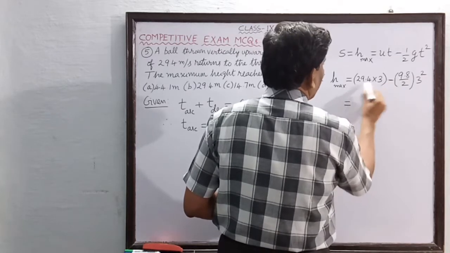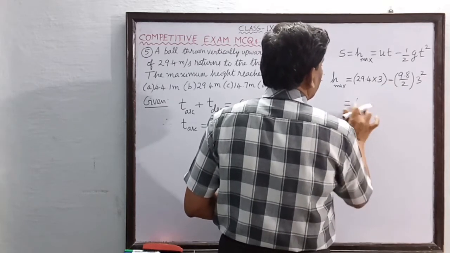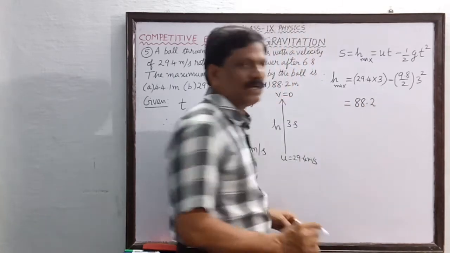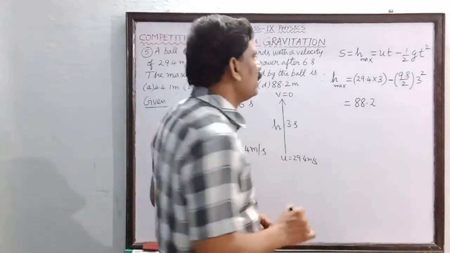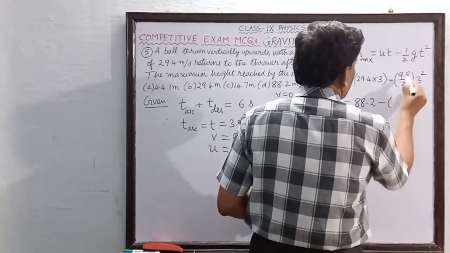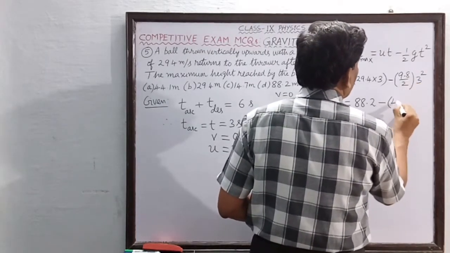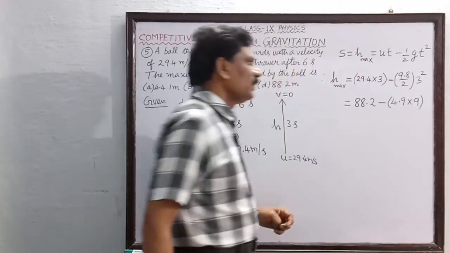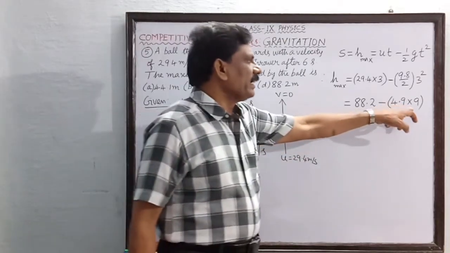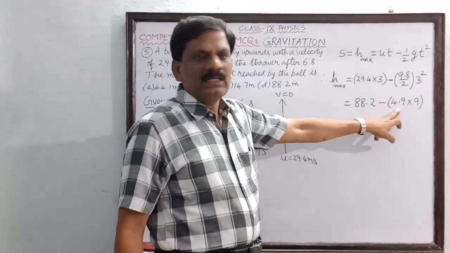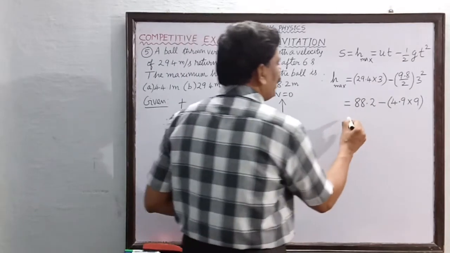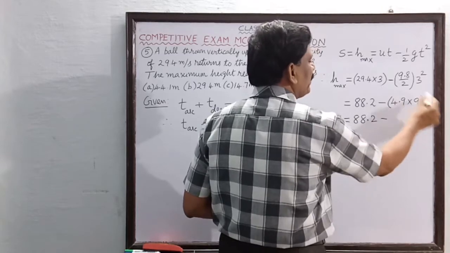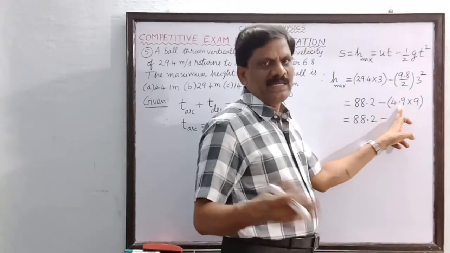If you multiply and find out, it will be equal to 88.2. You have to multiply and find it out. Okay, minus 9.8 divided by 2 is 4.9, into 9, since 3 square is 9. If you multiply once again, you see here 4.9 is nearly equal to 5.